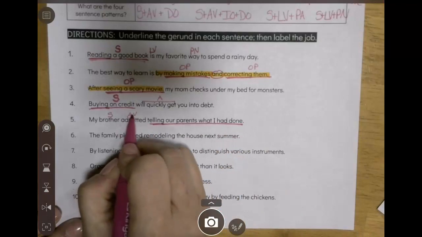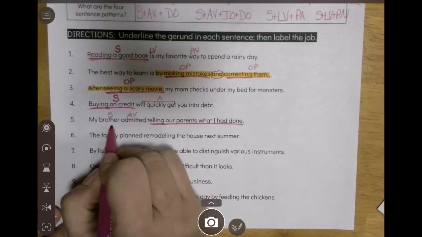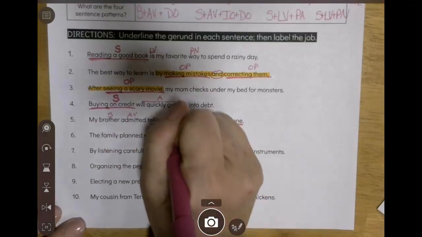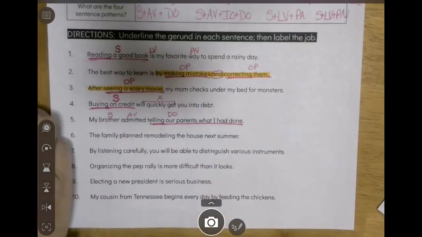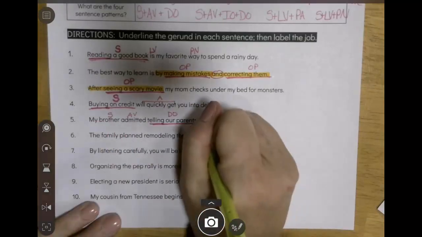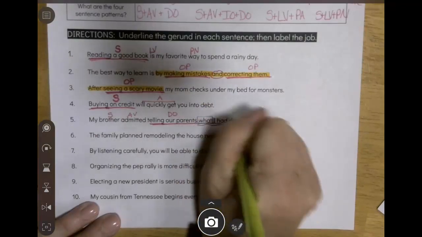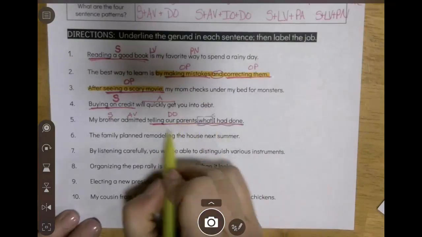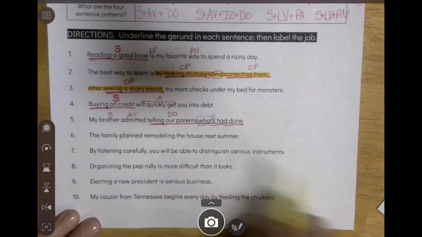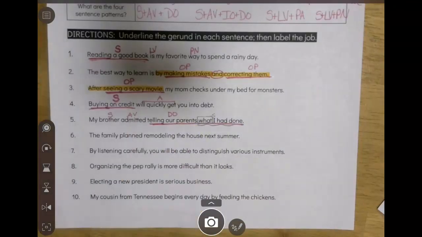And since it comes after an action verb and it tells what my brother admitted, this whole thing acts like a direct object. And you can see that within this gerund phrase there's a dependent clause attached to that entire gerund phrase. Okay, so this one's a little bit more complex.